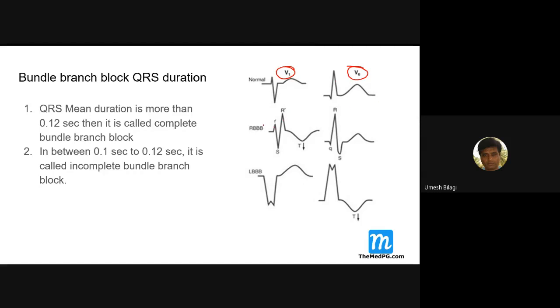See, in case of RBBB, V1 becomes M shaped and V6 becomes W shaped. With respect to LBBB, V1 becomes W shaped and V6 becomes M shaped.